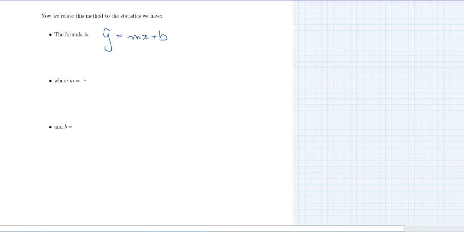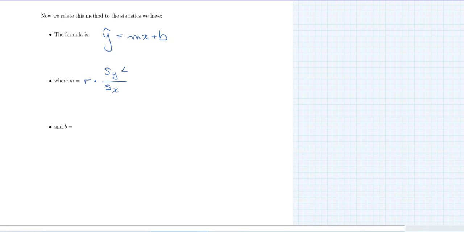Well, our slope is equal to the correlation times sy, which is the standard deviation of the response variable, divided by sx, which is the standard deviation of the x variable or explanatory variable. Okay, and you can sort of think of this as the change in y over the change in x, right? Because the standard deviation represents variability. Okay, so this sort of is an intuitive formula.